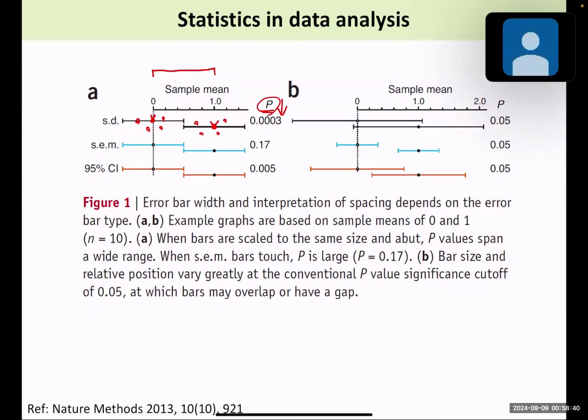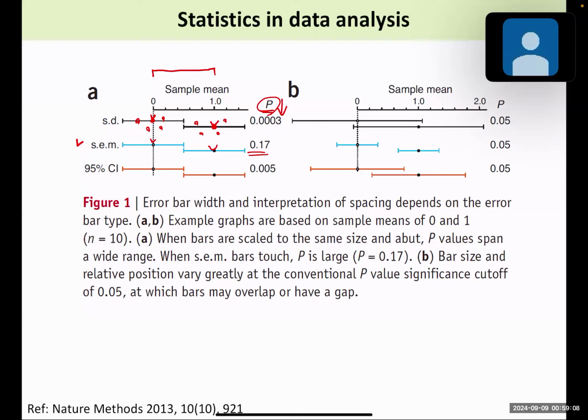Okay, so that means although the error bar sizes are all the same, when you take this example, this means the two groups are not that significantly different, right? So those groups can be from the same group, from the p-value.